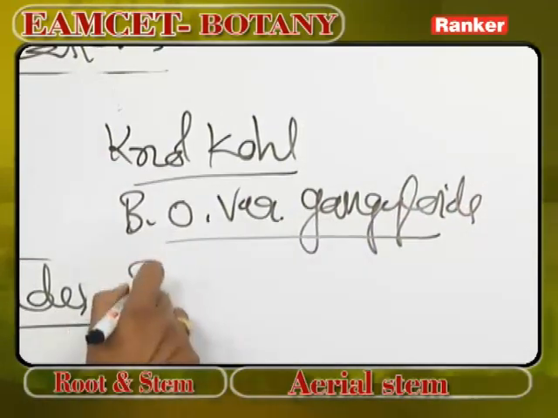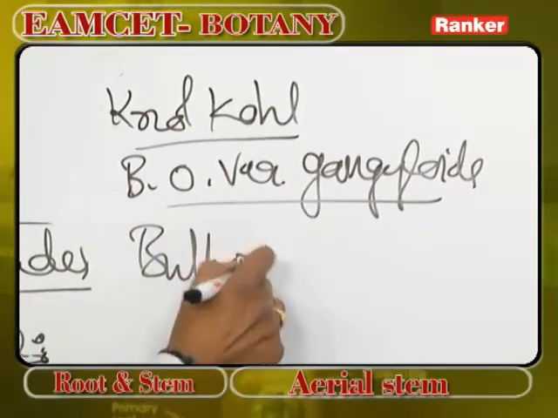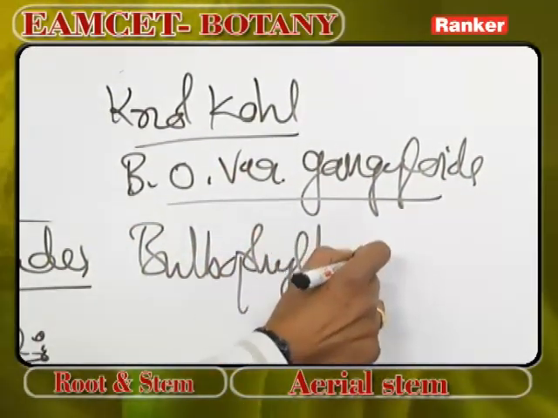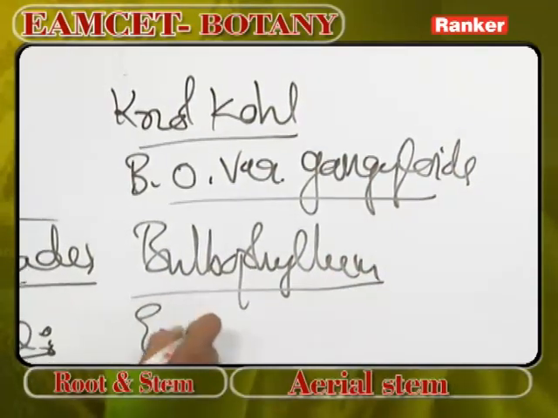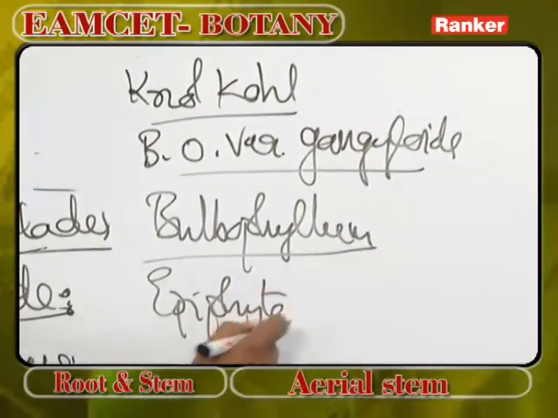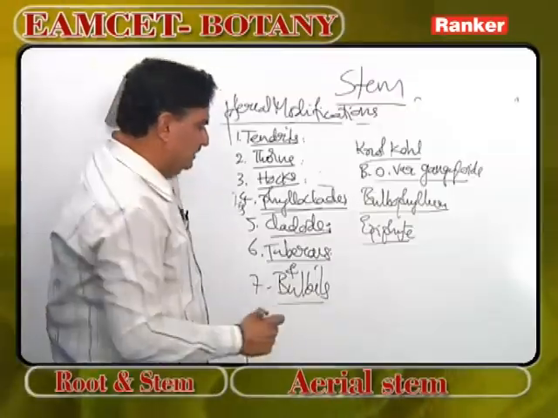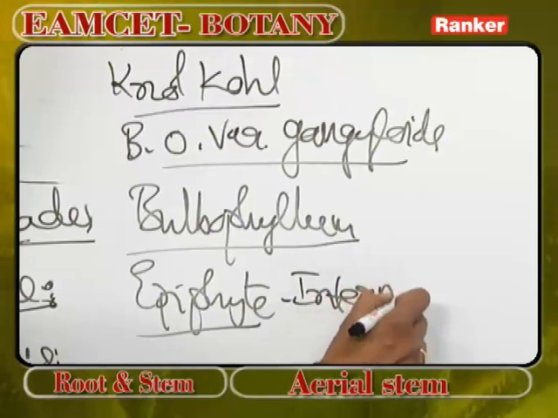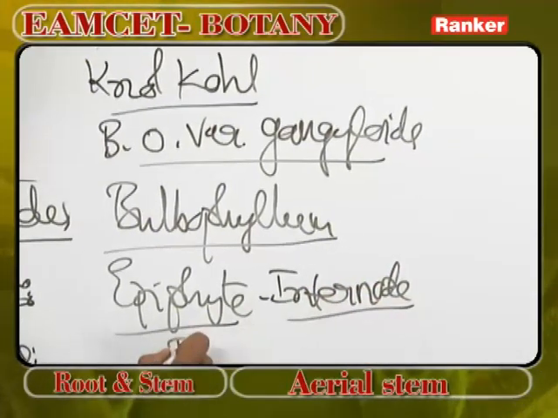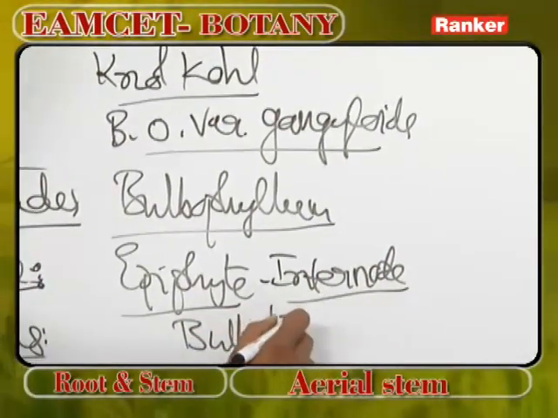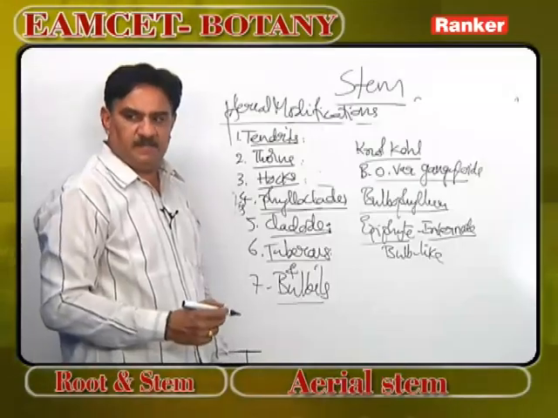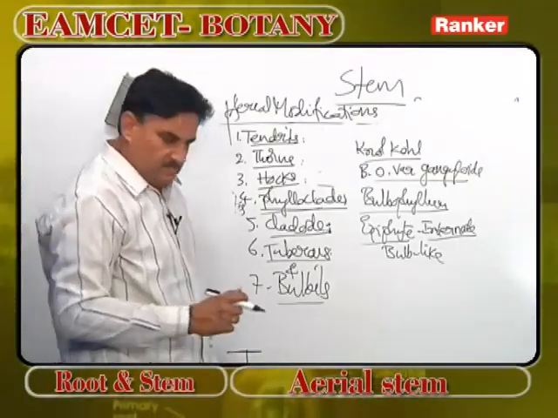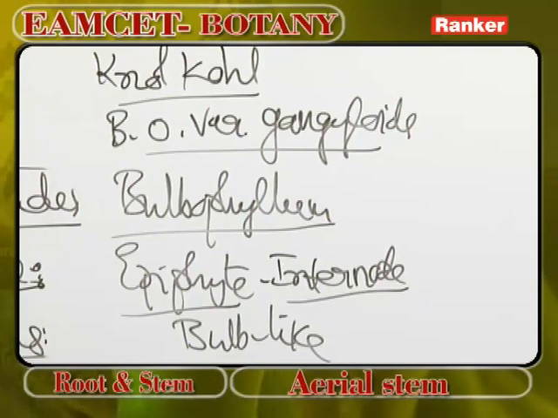Then another important example of tuberous stem is Bulbophyllum. Bulbophyllum is an epiphyte. This epiphyte's internode stores food material and appears as a bulb-like structure.